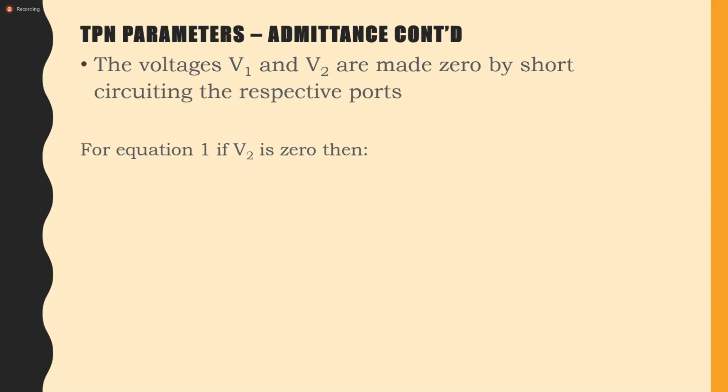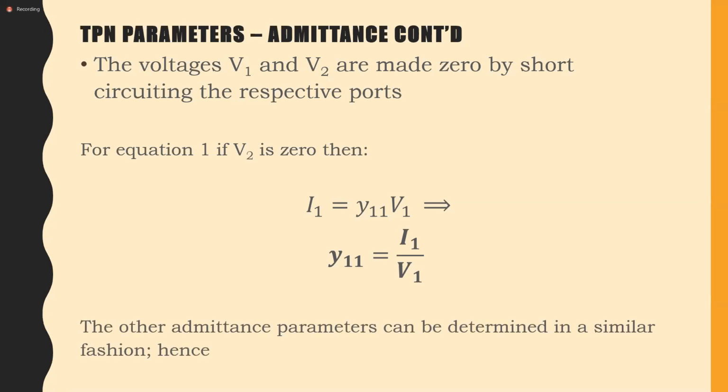Good. So if I make V2 zero, then from the equation, I am left with this because V2 is zero. So I1 would be equal to Y11 times V1, which means that Y11 would be equal to I1 over V1. Okay? And we can do the same for the other parameters.